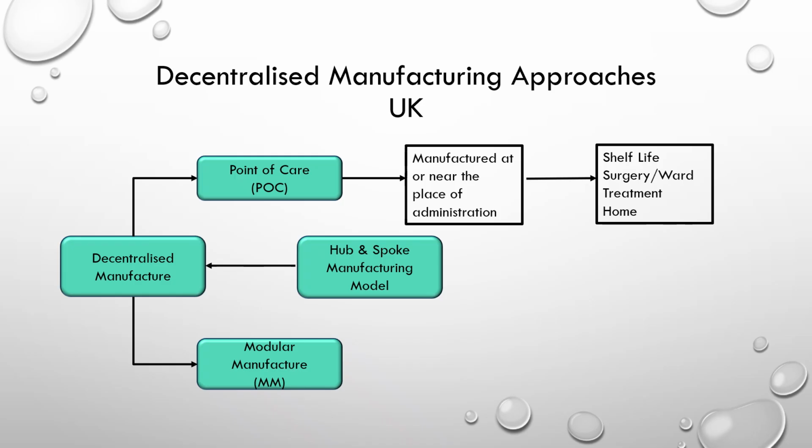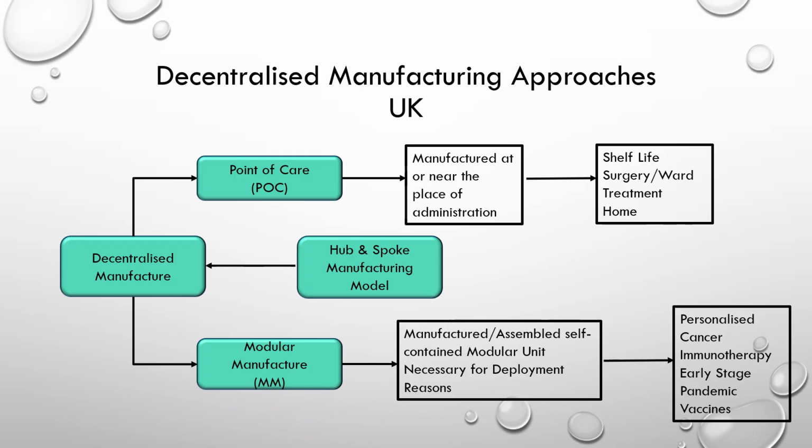legal designation. And then you have modular manufacture. Modular manufacture refers to products where the manufacturing occurs in some self-contained modular unit. It doesn't necessarily strictly mean at the patient's bedside, but these units make it easier and necessary to manufacture these products, and it's closely linked to the needs of the patient, for example, patient conditioning prior to receiving personal cancer treatment.